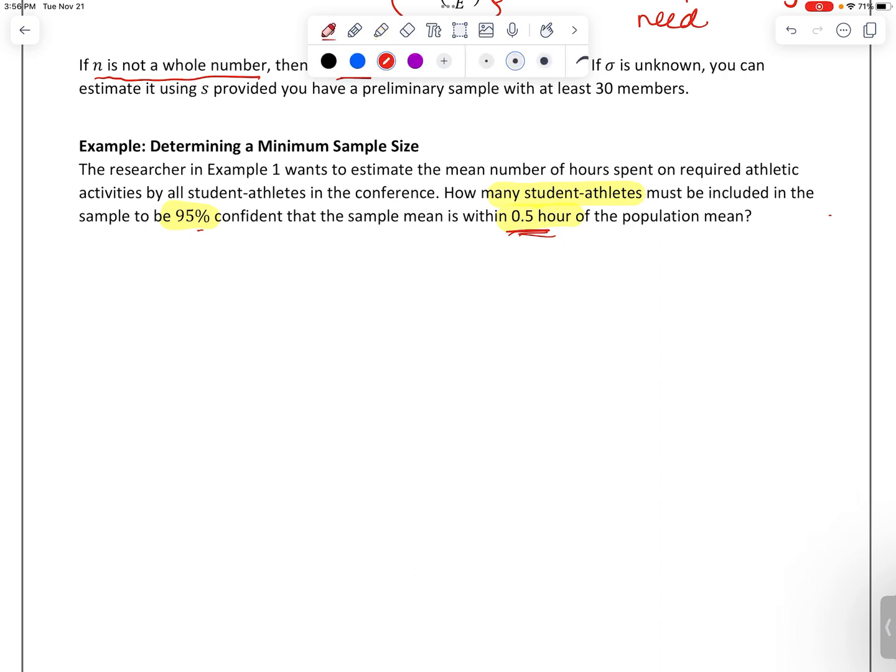All right. So again, just so that you're understanding what we're trying to do here, we can't survey the entire population. That's the problem.